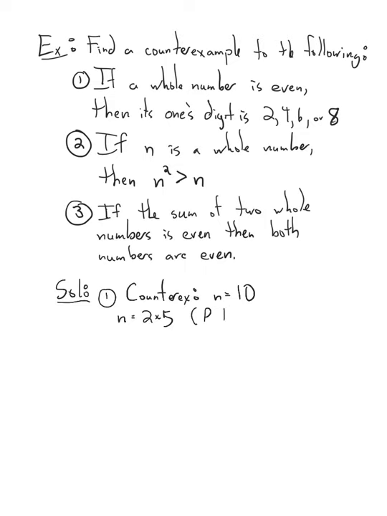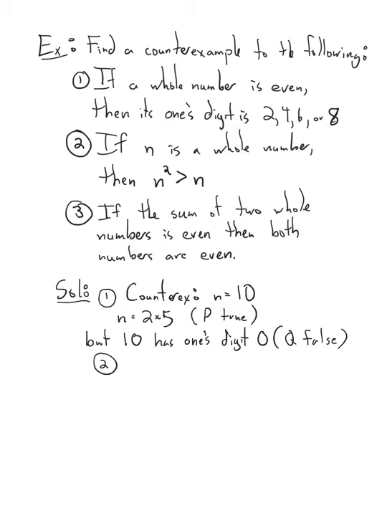So the if part is true. But the ones digit is 0. So the Q part is false. It's not 2, 4, 6, or 8.